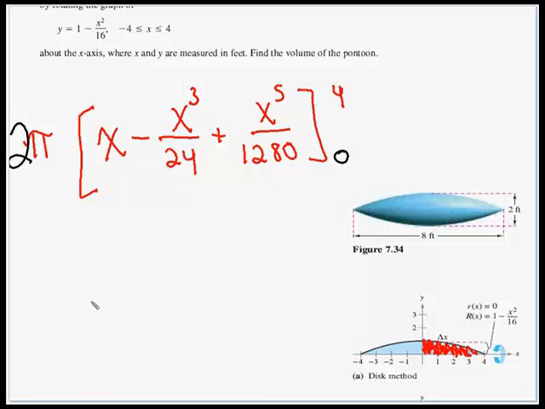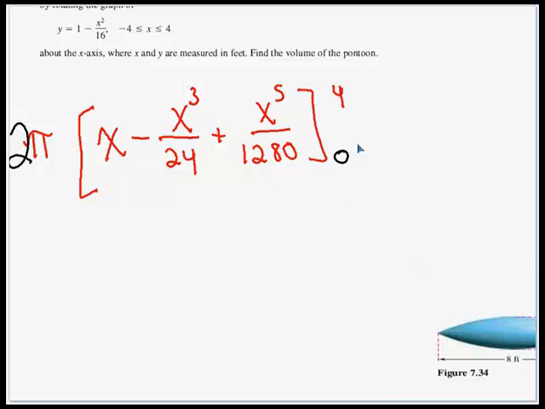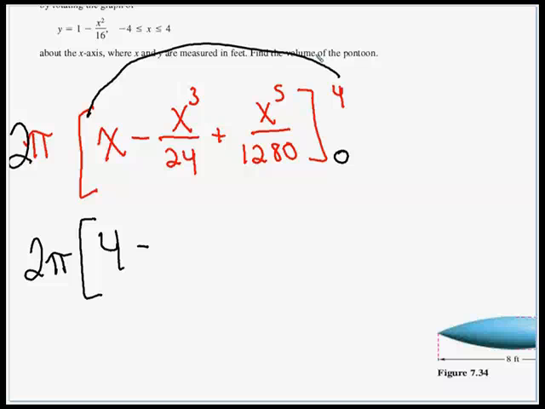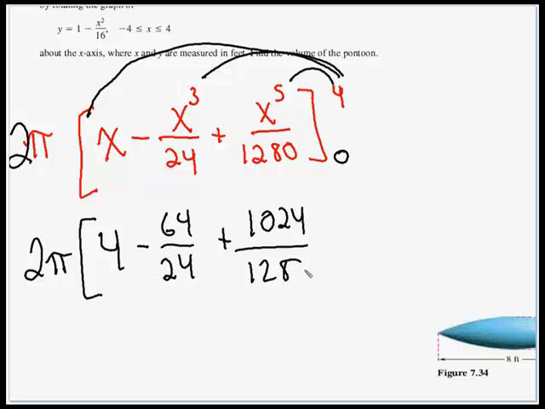Put the 2 in front of the pi. And that'll make our work so much easier. If you do go all the way and integrate from -4 to +4, you will get the exact same answer, of course. So we plug in 2 pi. Upper limit goes in, 4 minus 64/24 plus 4 to the 5th power is 1024 over the 1280.